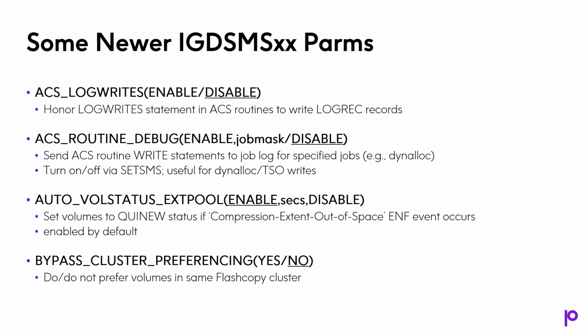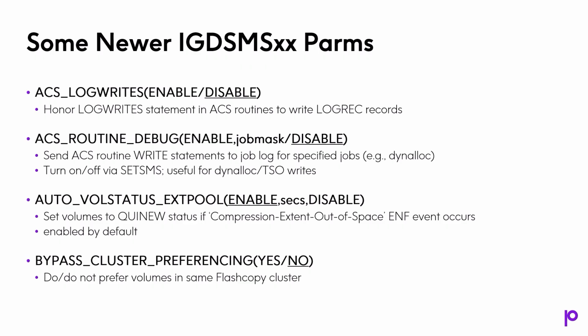If you get an ENF event for compression extent out of space, which is a hardware-related back-end issue that says I'm running out of space in the back end, those volumes that are related to that particular back-end extent can be set to quiesce new status so that data sets will not be allocated new on those devices until that compression extent out of space condition on the back end is relieved. And so that's turned on by default.